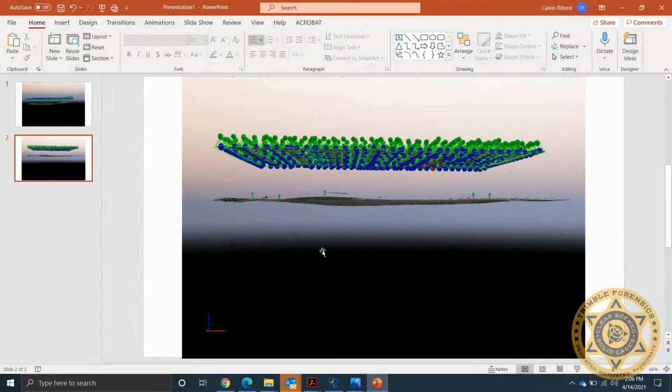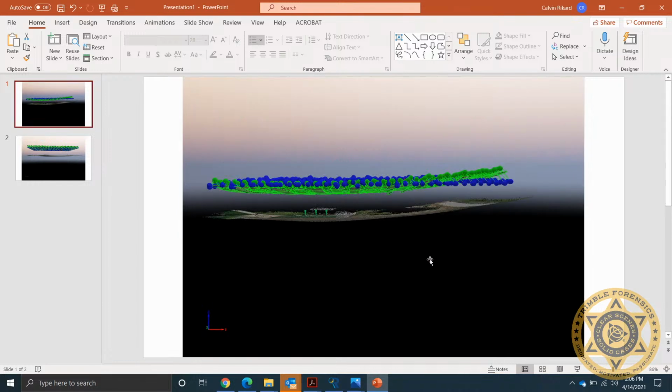With the testing we've done here in Ohio, this is the area where we flew the drone. We have three control points, but it still looks like a bowl-shaped data set.